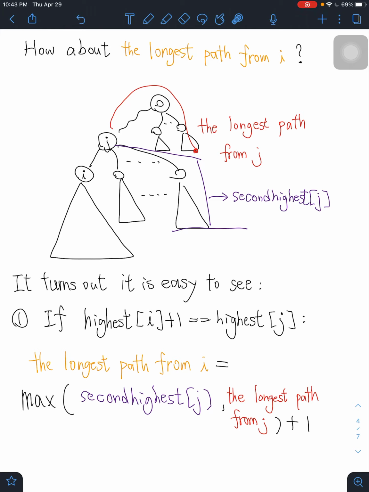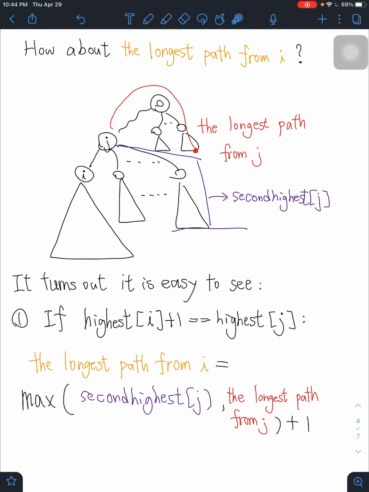Let's say we already know this number, but if we are going to compute dp I, we will also need to know the longest path from I. That's I to a node other than I's descendants. Maybe I goes this path, maybe this path, maybe this path, but we do not know. So how can we compute it?